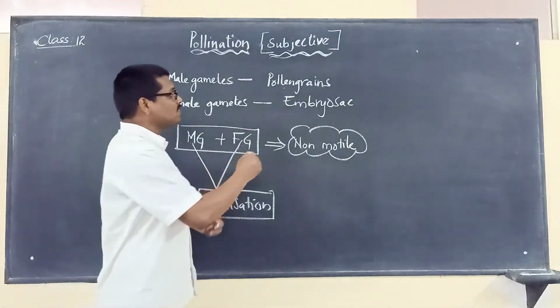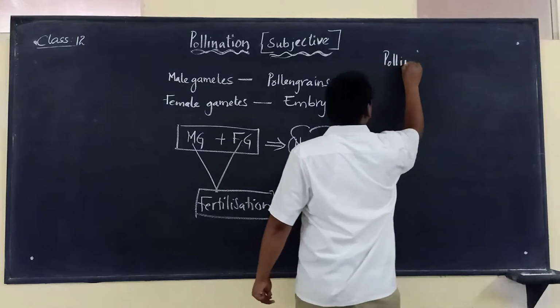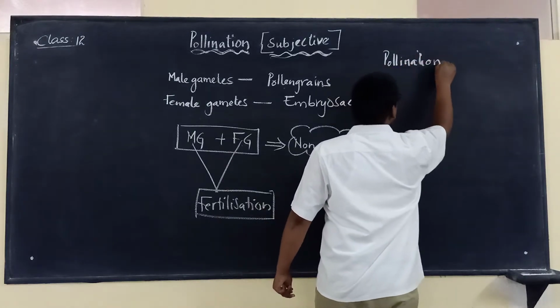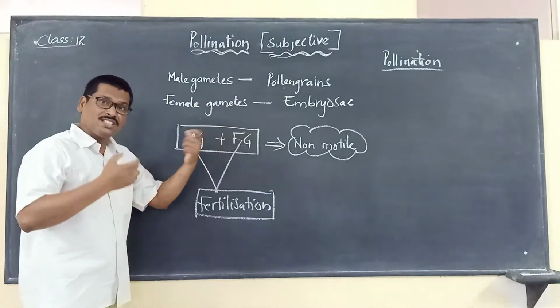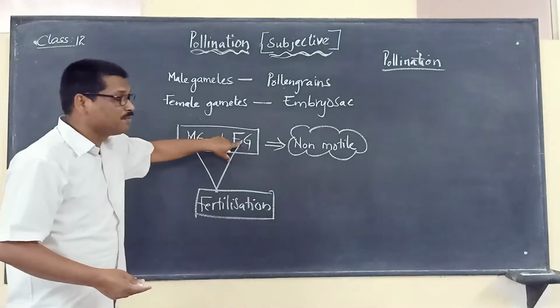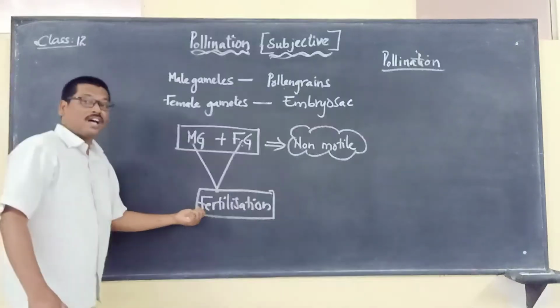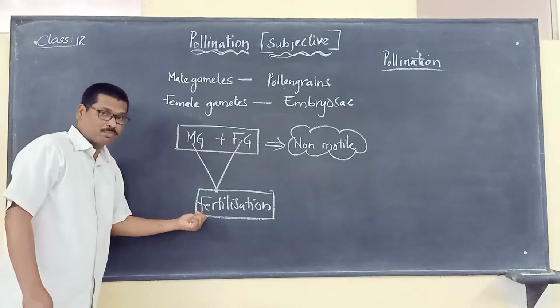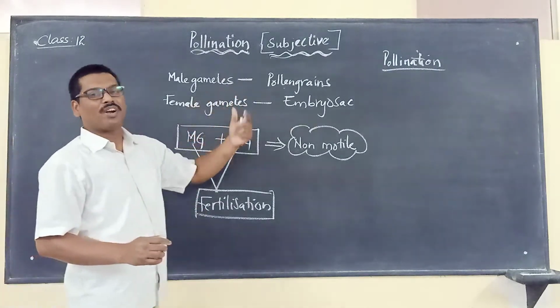That is pollination. Pollination is a mechanism in which the non-motile male and female gametes are brought together for fertilization to take place.